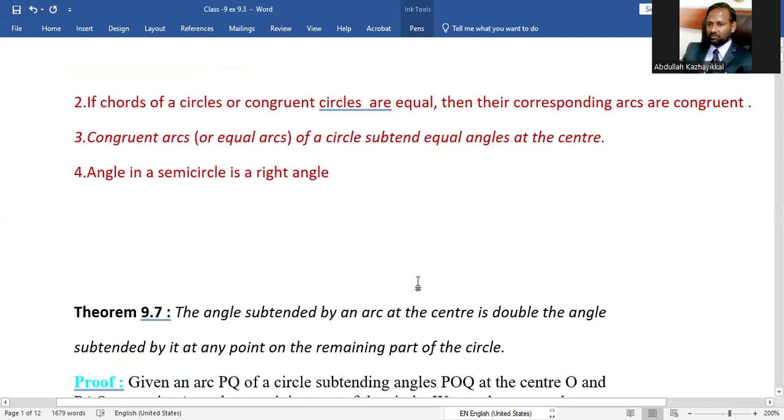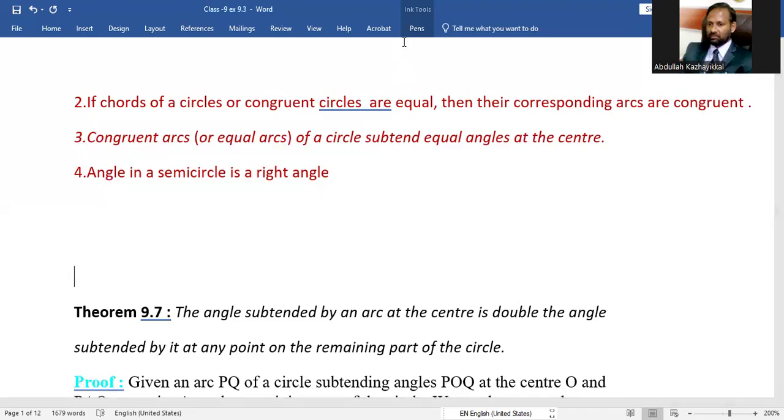Understand? Read it again, same thing from the textbook. The angle subtended by an arc at the center is double the angle subtended by it at any point on the remaining part of the circle. Remaining part I told before. So the arc is the chord, the remaining part is the other part.